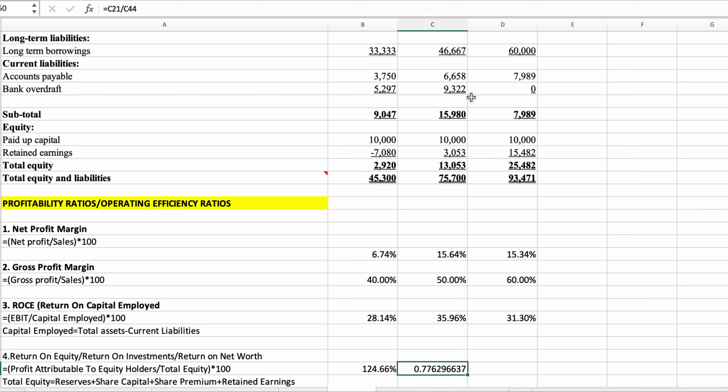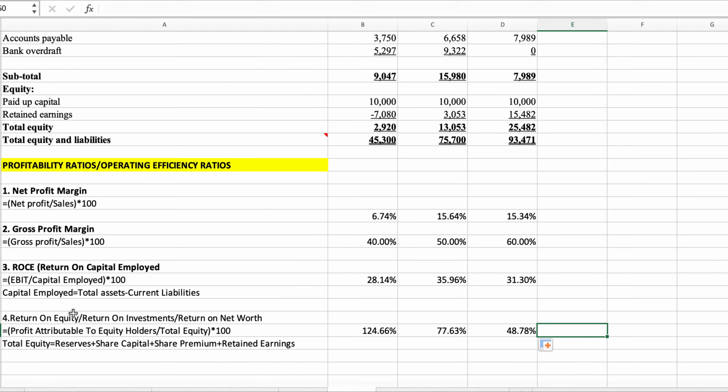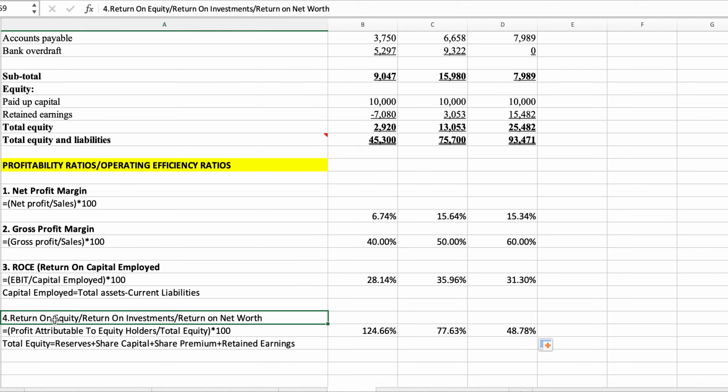Then we multiply by 100 and express to 2 decimal places. So you just drag, and you get the return on equity for 2022. Friends, I think we are together.